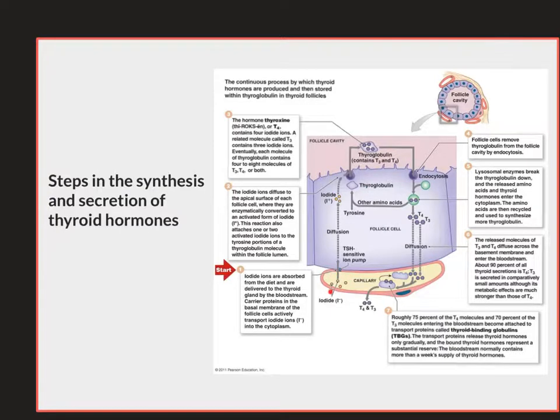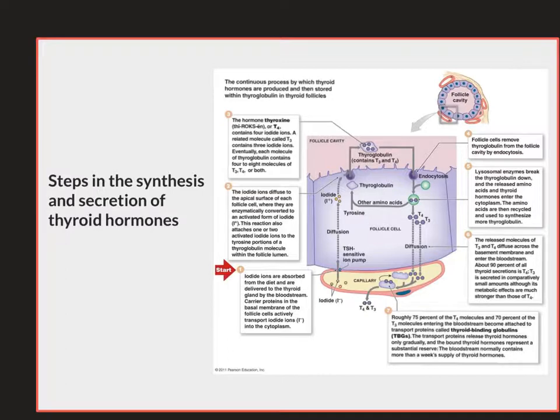After these iodide ions come into the cell, they are oxidized, which means removing electrons, transforming them into active forms referred to as iodine molecules. These iodine molecules are going to pass out of the cell into the follicular cavity, along with the thyroglobulin that was also made within the cell.